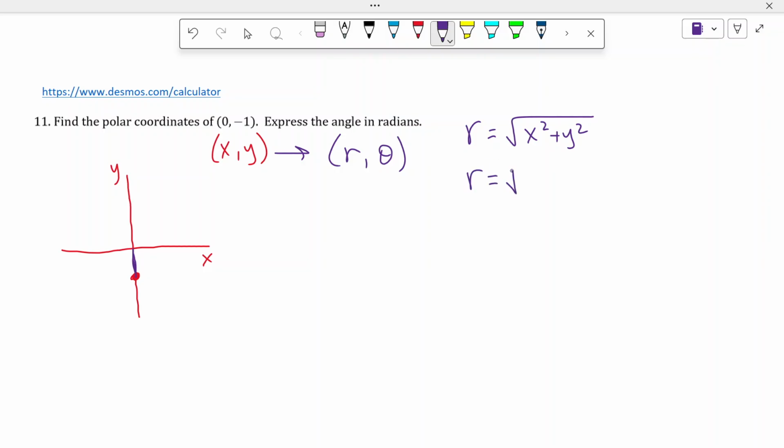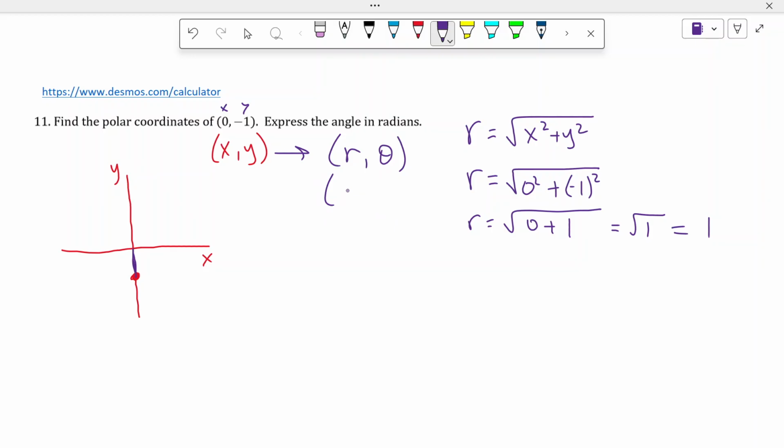So it's the square root of the x is right there. That's 0 squared, plus the y is right there. It's just -1. Make sure you use parentheses there, squared. All right, so that's just the square root of 0 plus -1 times -1 is actually +1. And so that's just the square root of 1, which is just 1. Okay, the radius is 1.